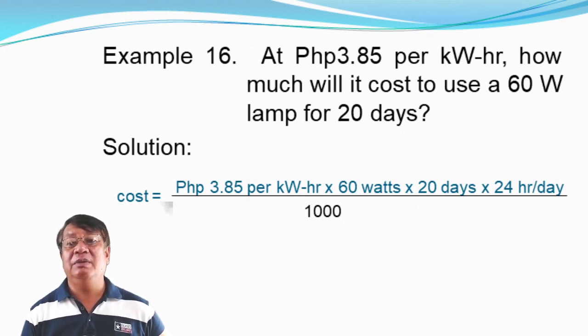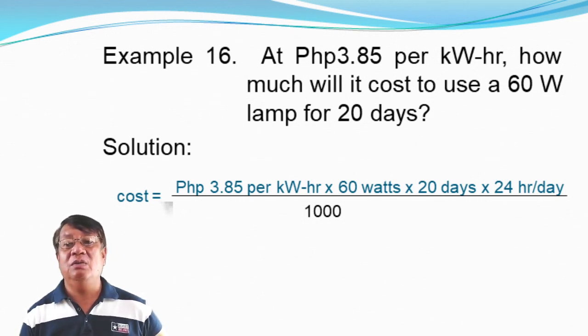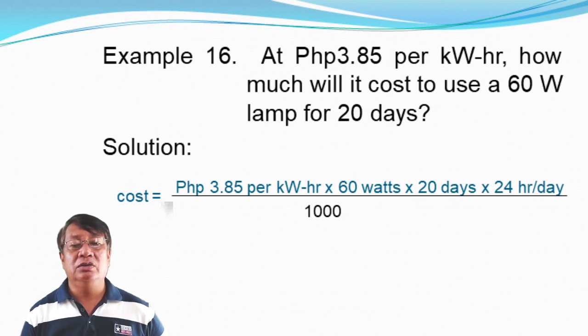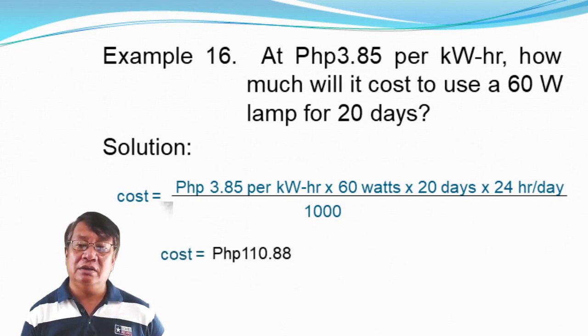This is divided by 1000 because the unit of your lamp is in watts, and the cost per kilowatt hour is in kilowatt. So you have to divide the watts by 1000 to make the 60 watts into kilowatt units. Always be consistent with the units in your solution.